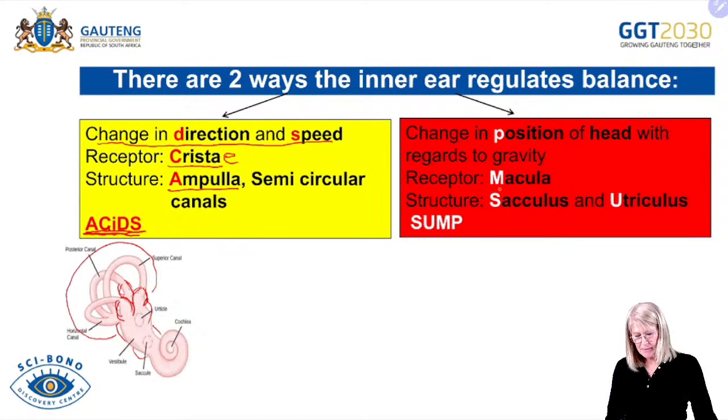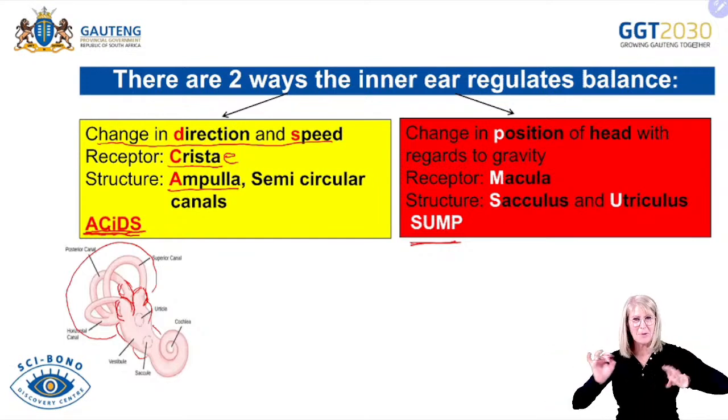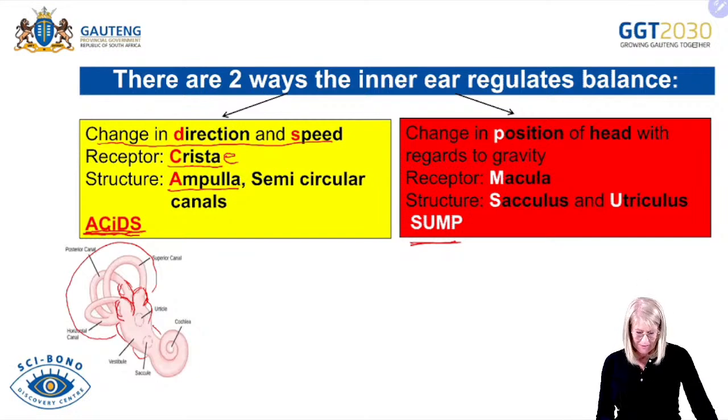And there again is our little mnemonic, SUMP: in the sacculus and utriculus we find maculae, and they are sensitive to the position of your head in relation to gravity. When you change your head's position, it changes in relation to gravity. So when I turn my head like this, I don't just carry on and fall on my head; I just stay like that. My body maintains the balance. Those are the two ways in which the inner ear regulates balance.